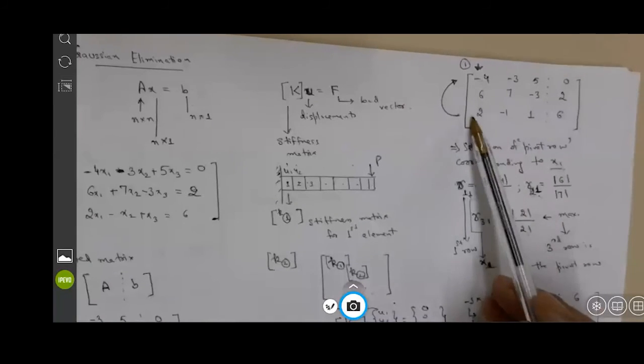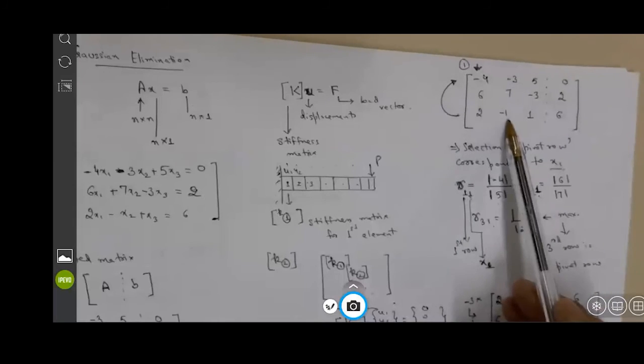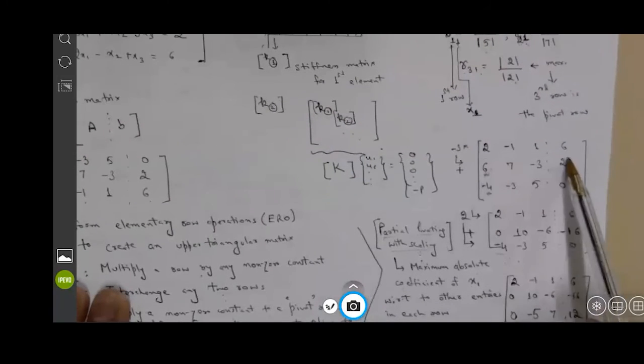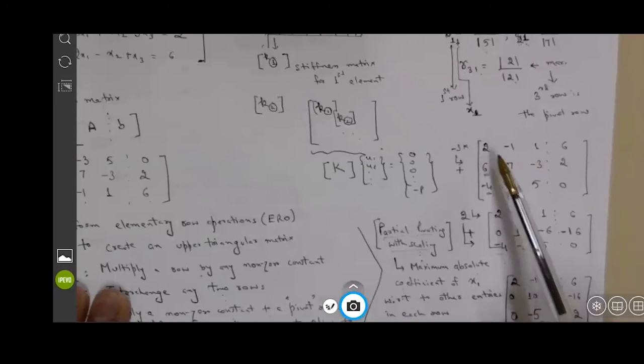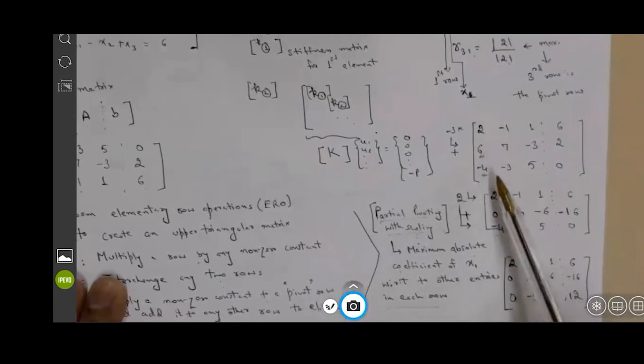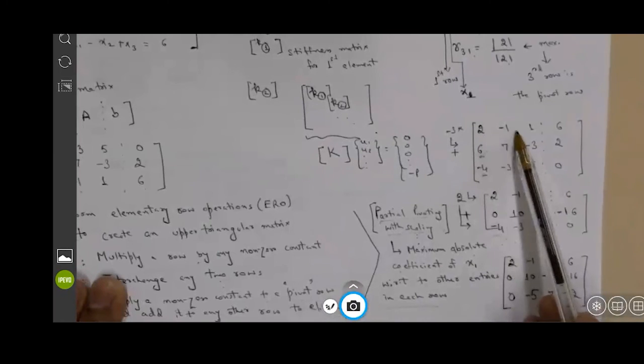So for example, this is the pivot row selection. You interchange, and this pivot row comes to the top, and then you use this row to eliminate the x1 coefficient from the second row and the x1 coefficient from the third row. That is why it is called the pivot row.